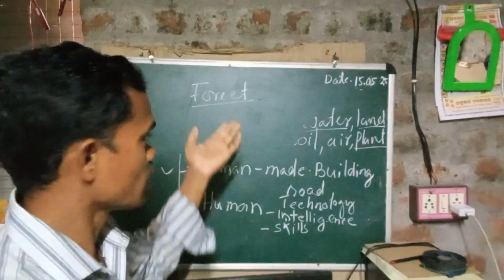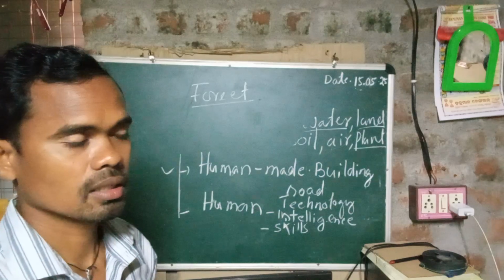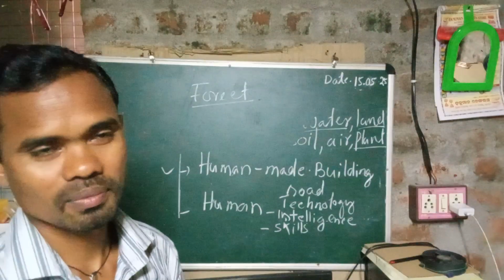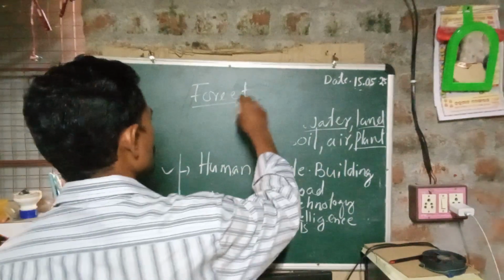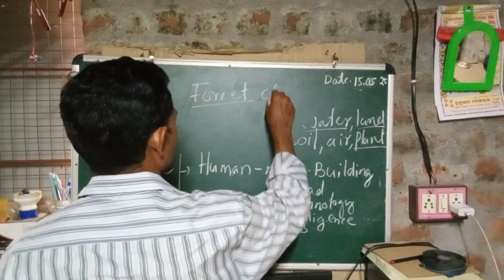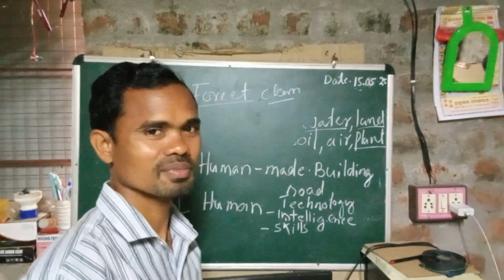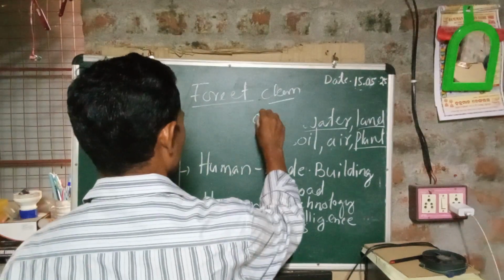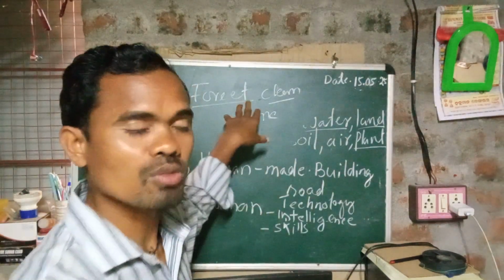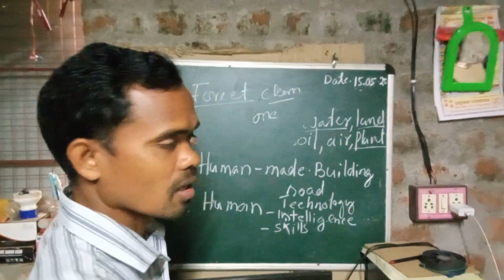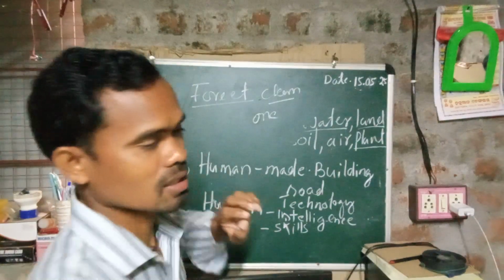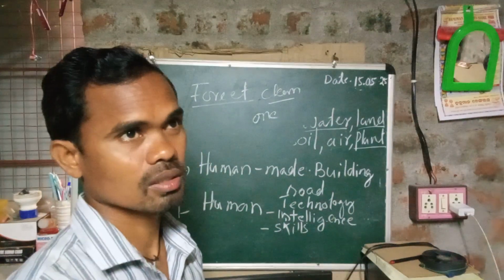It cannot be made within 1 day or 2 days. But to clear this forest, we need only 1 hour. Within 1 hour, we can clear this forest. But to make this forest, we need several years.